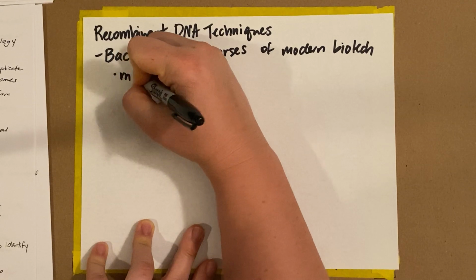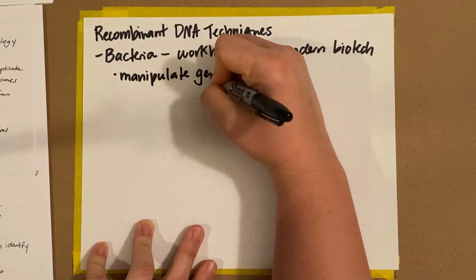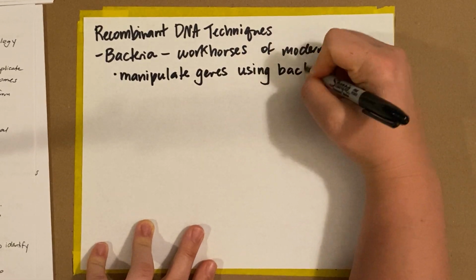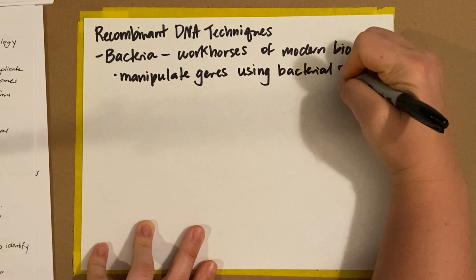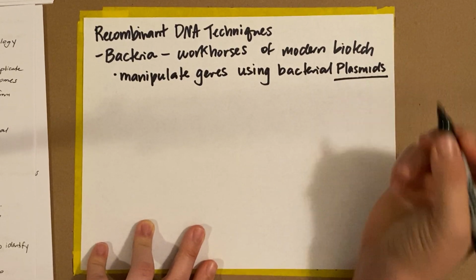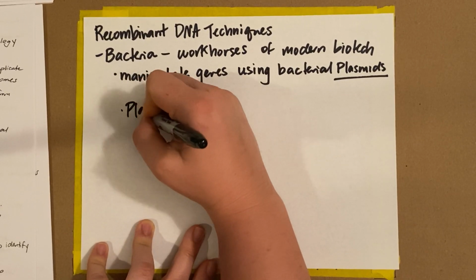We can manipulate genes using bacterial plasmids. Okay, so plasmids are an important term. What are plasmids?